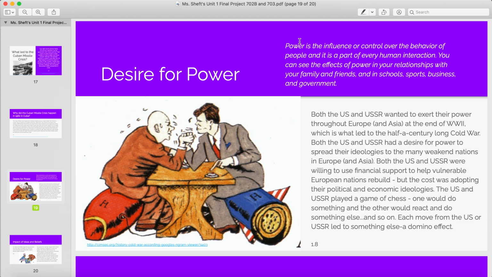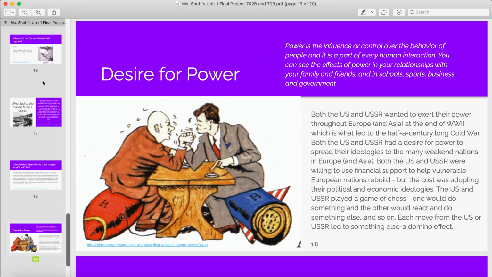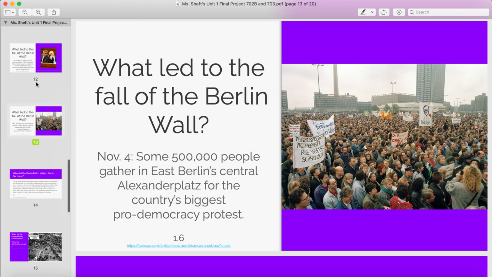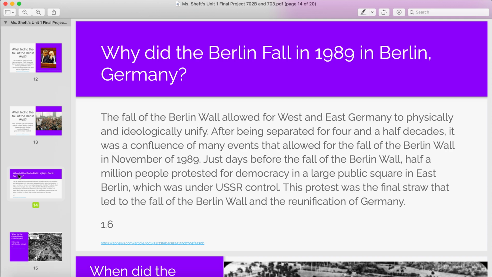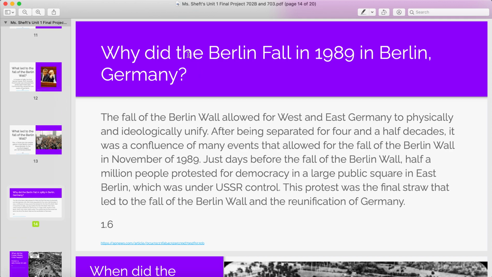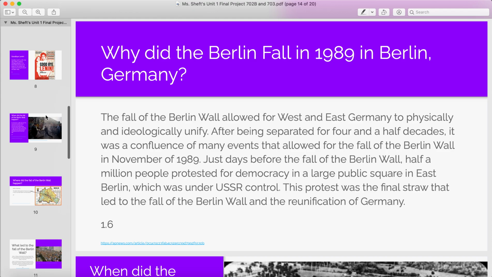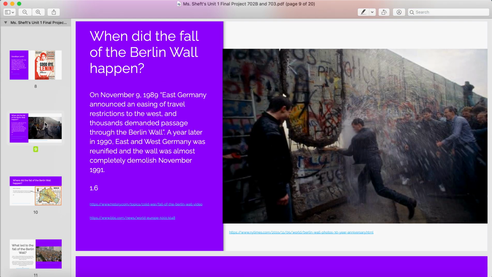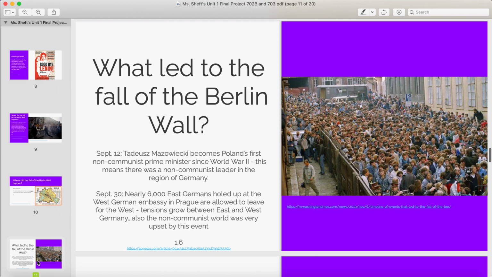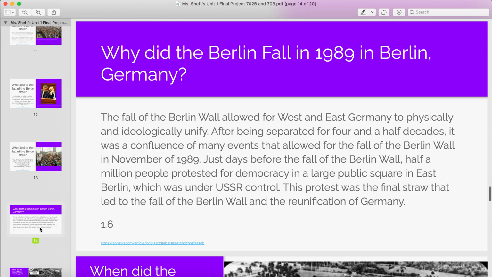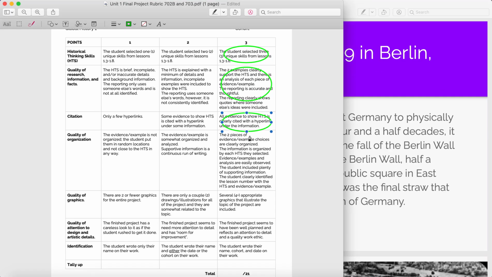So I have everything organized on either one side or multiple sides that go up to wherever each skill ends, that it's in order, that I have why did Berlin fall in 1989 in Berlin, Germany as the last slide in this series of contextualizing the fall of the Berlin Wall, starting with when to where to what led to it, and then that final contextualized question. So again, we would get full credit.